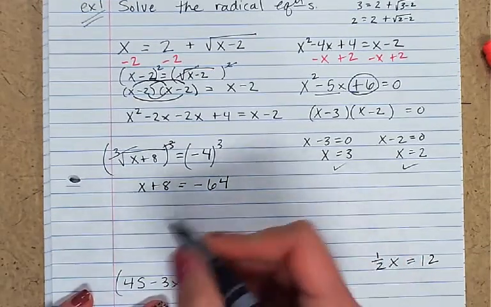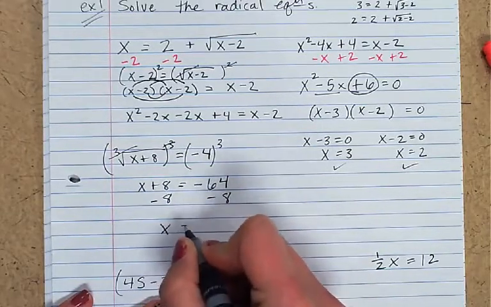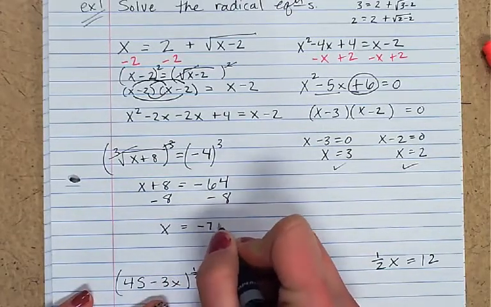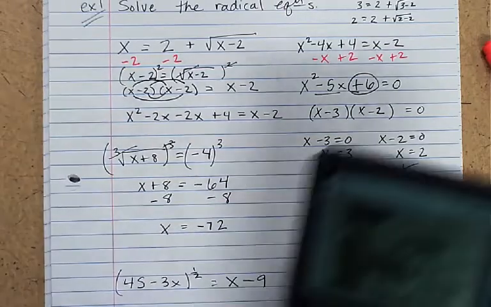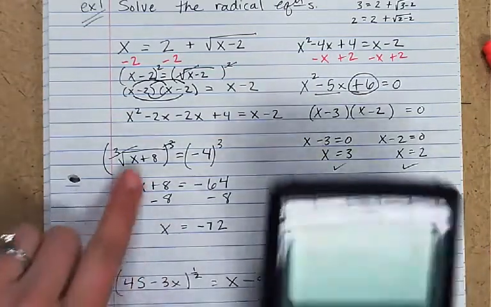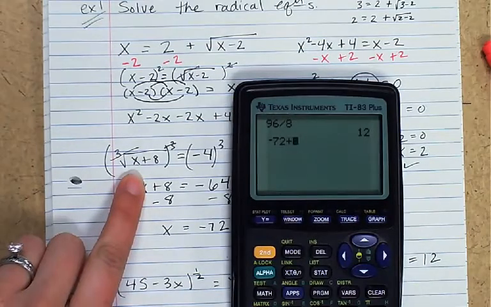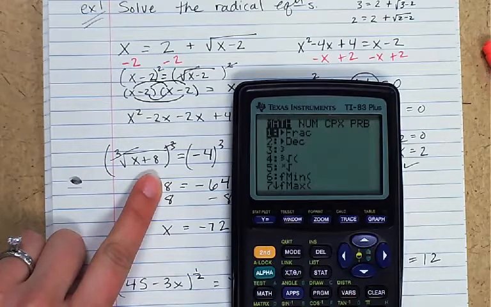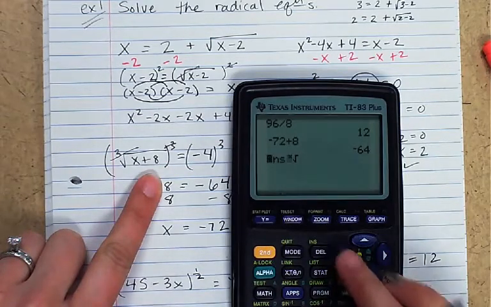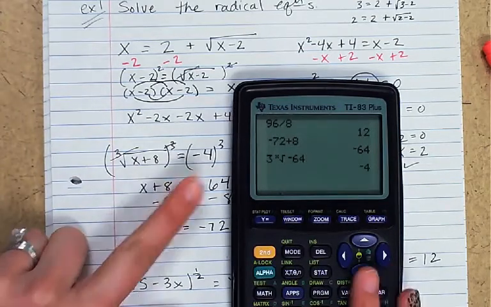And then the very last thing that we're going to do is subtract 8 from both sides. And then if we check our extraneous solution, we would have negative 72 plus 8, and then cube root it. We should get negative 4, which we do.